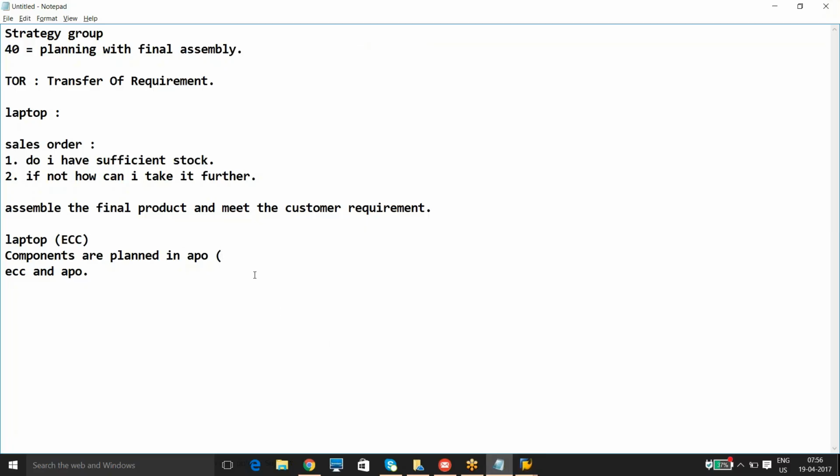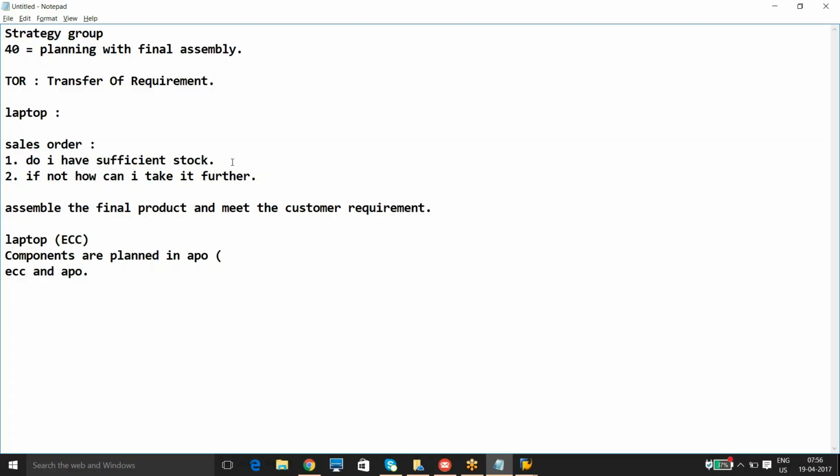Do I have sufficient stock or not? And if I do not have sufficient stock, what is the next further action I can take? Those are the two important answers I have to ensure, whether I'm planning in ECC completely, in APO completely, or with ECC and APO collaboration.